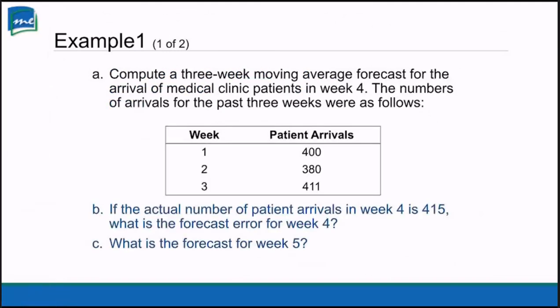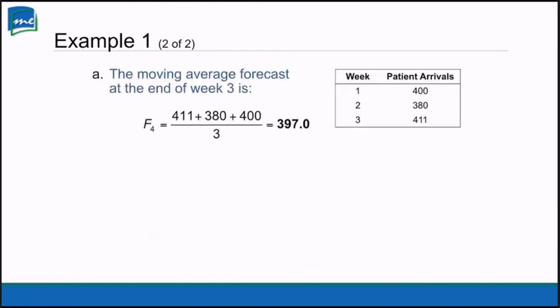And for question B, if we know the actual number of patient arrivals in week 4 is 415, what is the forecast error for week 4? Here I need to explain what forecast error is. This is also a concept we need to introduce in detail later, but I can give you a brief understanding.